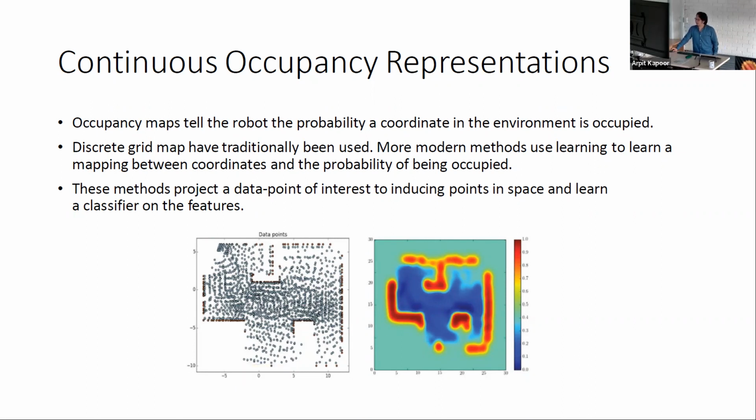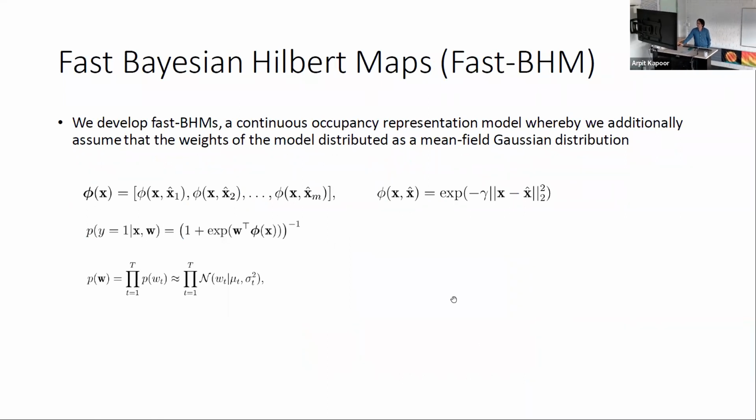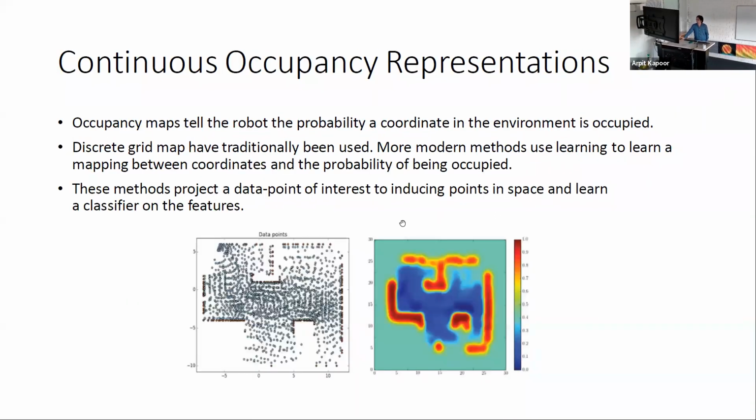So you get sensor readings, and then you have this sort of model, and then you can query and say at a given point, what is the probability of it being occupied? Now, the way this works, this more classical way of doing this, is basically to learn a classifier, right?